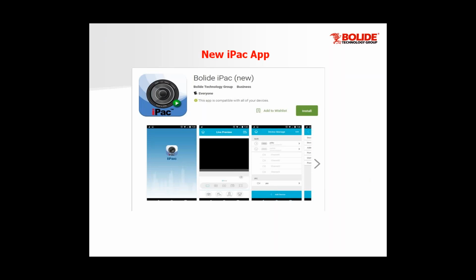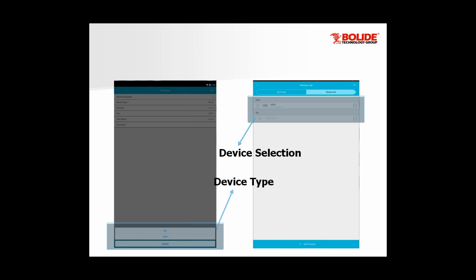Yes. It's kind of like our CMS software, which allows you to view multiple cameras in multiple locations, or our CMS software for the DVRs, where you can import multiple devices and multiple cameras in one location and view them all as if it were one device. And the same function that we talked about, you can record into your phone using this app. Yes. So this is the interface.